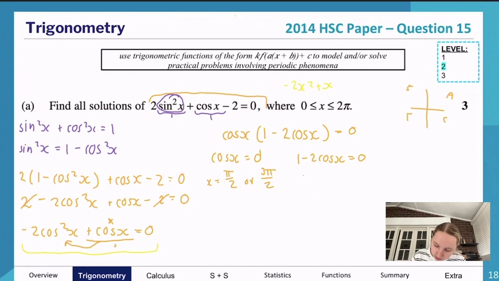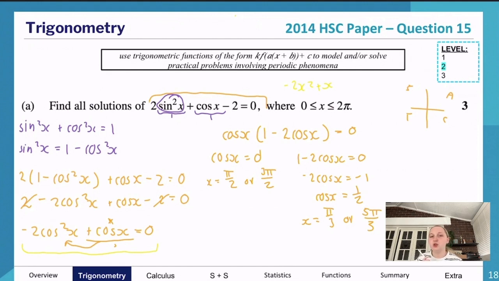So we're going to get minus 2 cos x is equal to minus 1. So then cos x is equal to a half. And then, again thinking about our exact value triangles, x is equal to pi on 3 or 5 pi on 3.